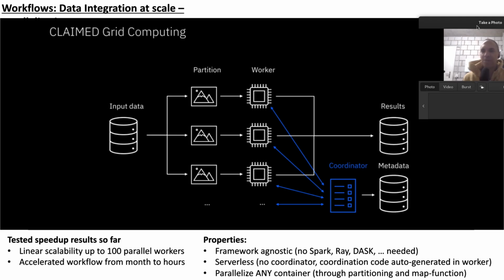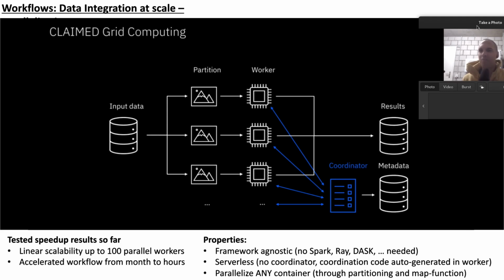So we encapsulate the actual container or code, and the coordinator code is also part of the task now, and the only central thing we need is a file storage where we actually store state. That can be on Cloud Object Store or also on local file storage, and it can also work in hybrid scenarios. So we had cases where we had workers on local data centers, on serverless execution engines like IBM Code Engine, and on OpenShift clusters.